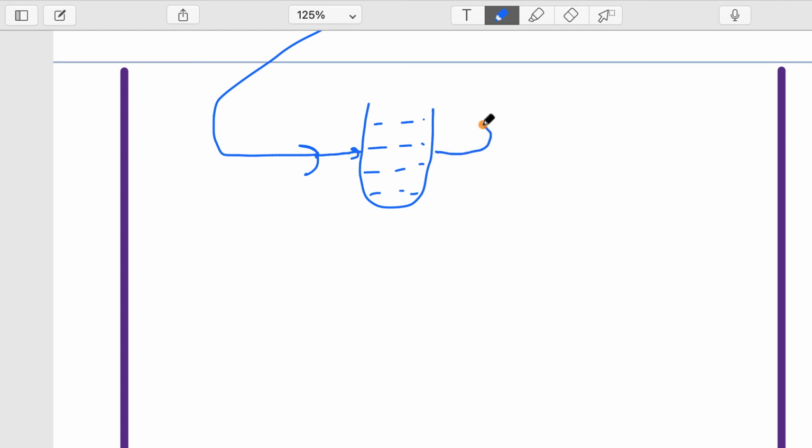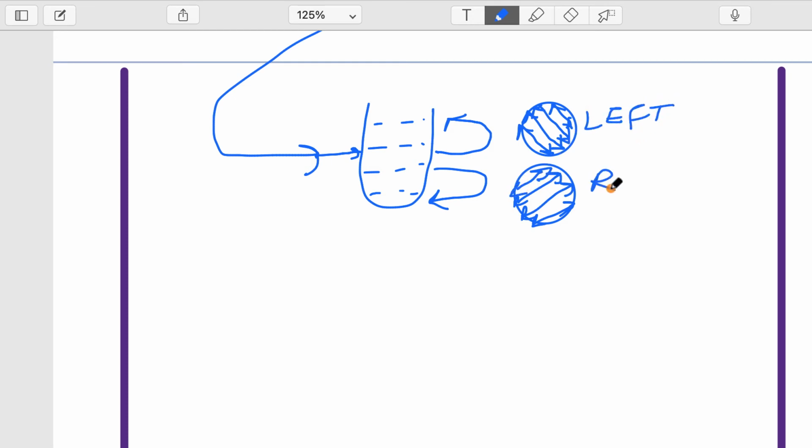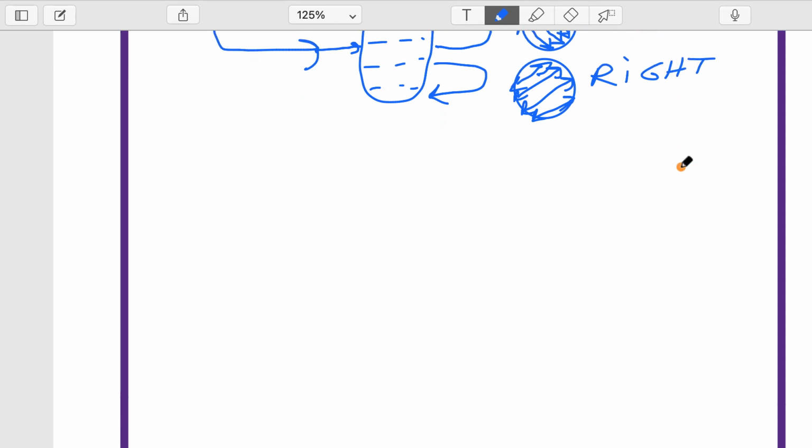Either the path of the light is changed towards the left or towards the right. You got it? So in this way, the path of the light changes.